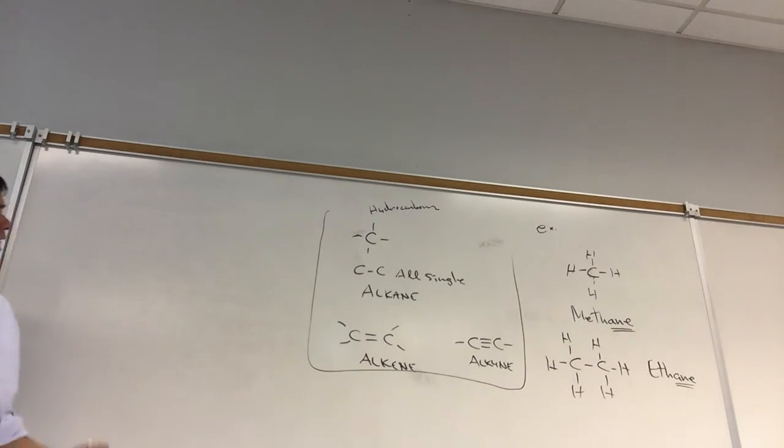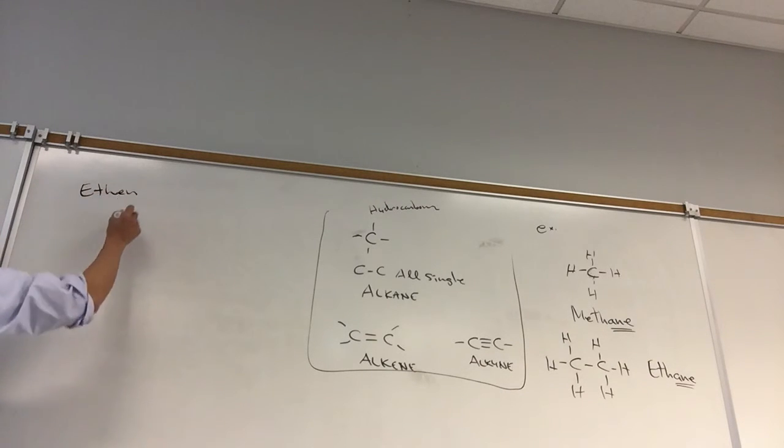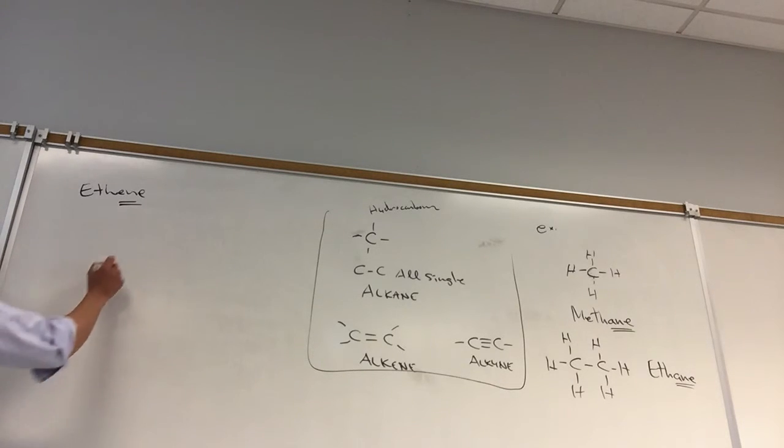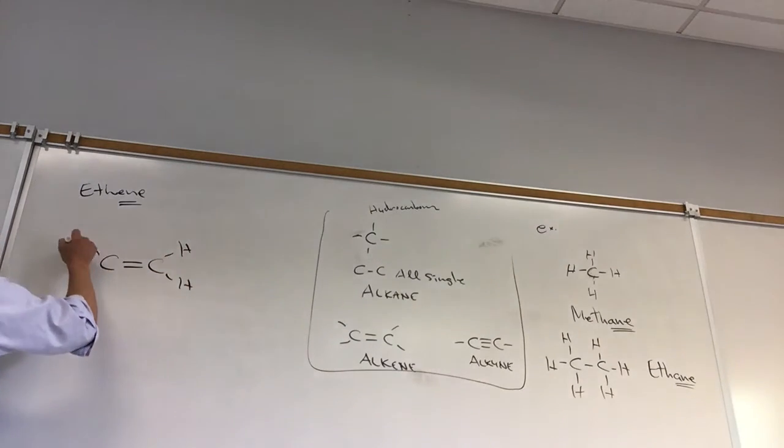What would ethene be? Can you guess what ethene is going to have? Ethene, E-N-E. Yeah, double bond on the carbon. And then the rest is just hydrogen. So this is ethene.